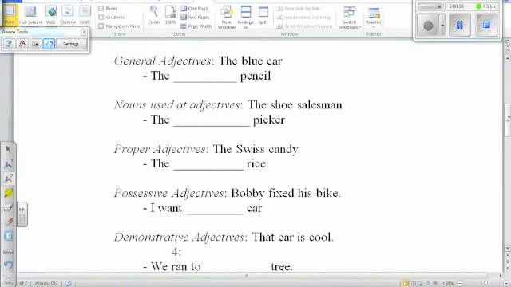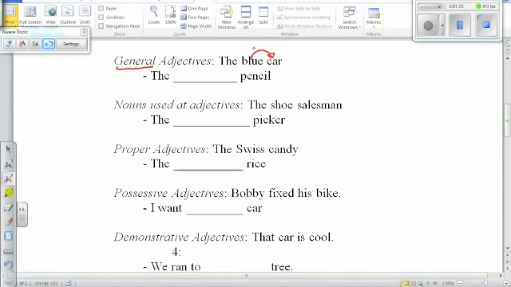are looking at sentences. So first of all, we start out with general adjectives. These are the ones that you have been learning all through your educational years. Well, generally, blue could describe the car. So when we find an adjective, we draw an arrow from the adjective to the word it modifies.